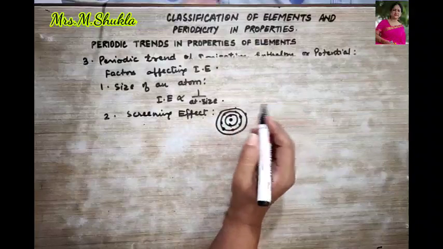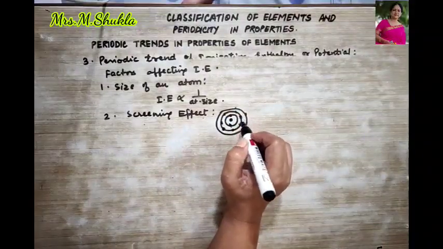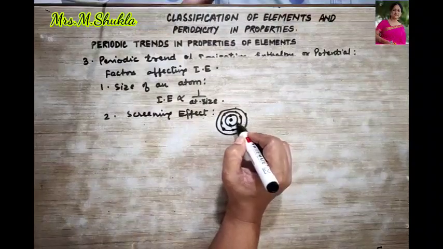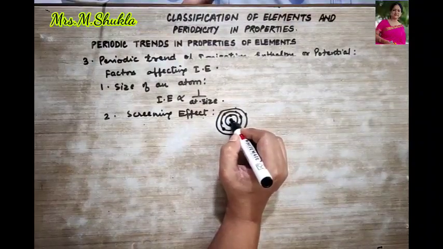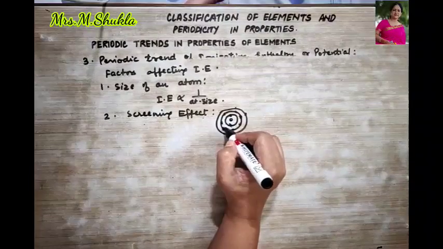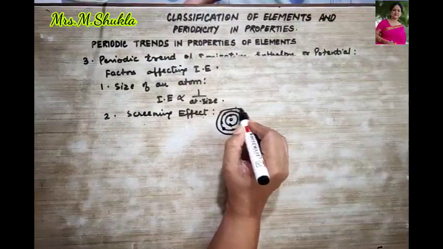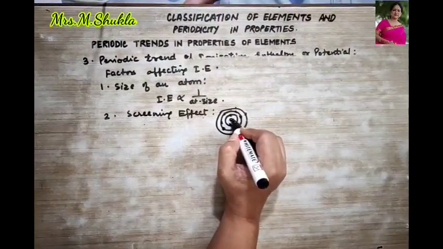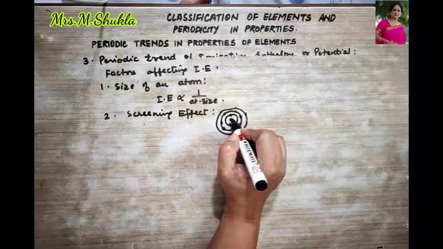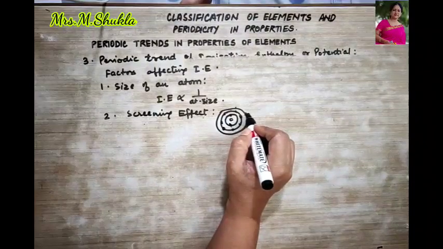So what did I say? That it is a multi-electron atom, right? Over here the electrons which are present between the nucleus and the valence shell, these electrons shield the valence electrons from the nucleus. So this decreases the effect of the nucleus on the valence electron, right?